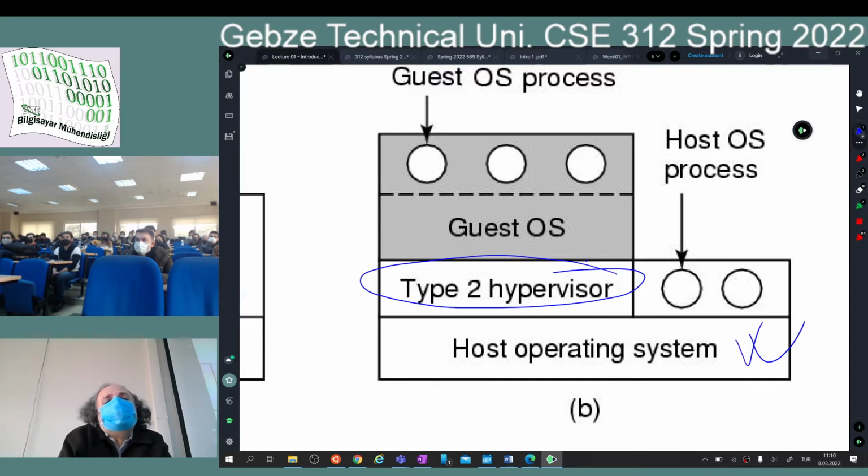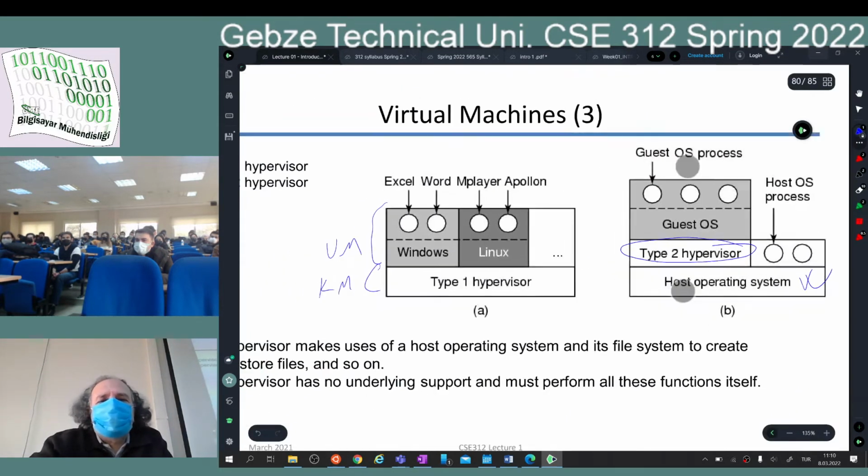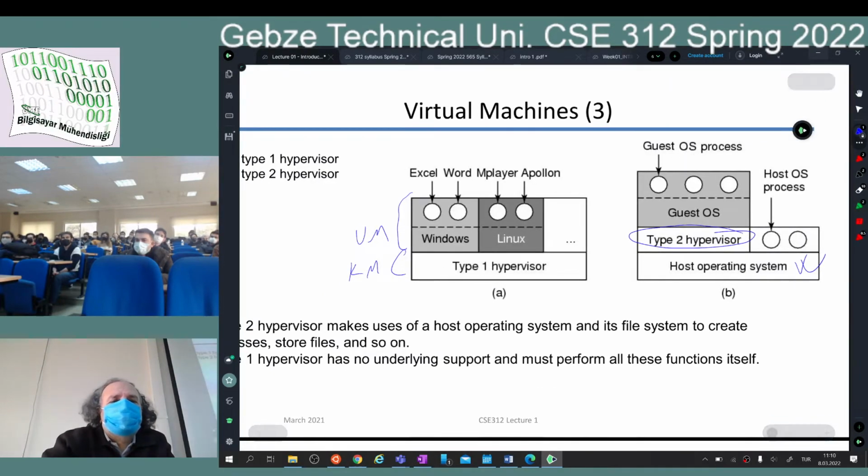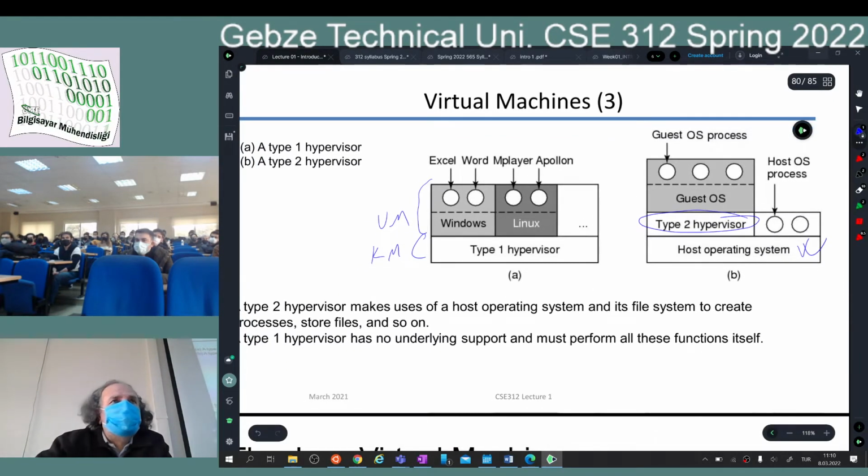Because they are all running in the user mode. If you take advantage of it, that's going to be faster. So this is not generalizable, but if you are smart enough, you will take advantage of it. So inefficiencies go away.